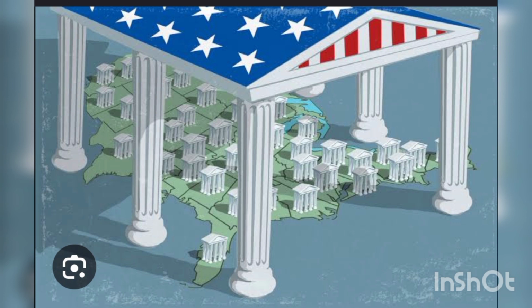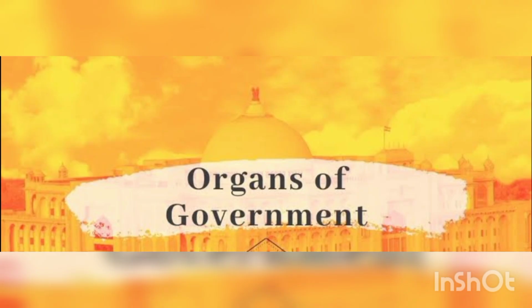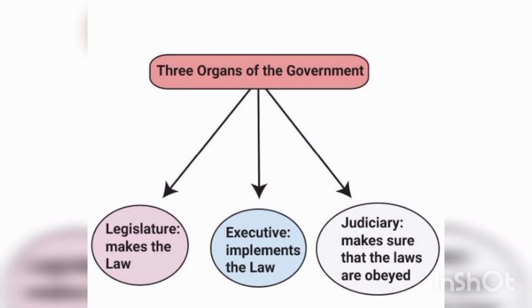So after formation of government, it consists of three pillars, that are called the organs of the government: legislature, executive and judiciary. Because we know that the government's main function relates to the making of laws, these laws should be made, implemented and protected by the government itself.